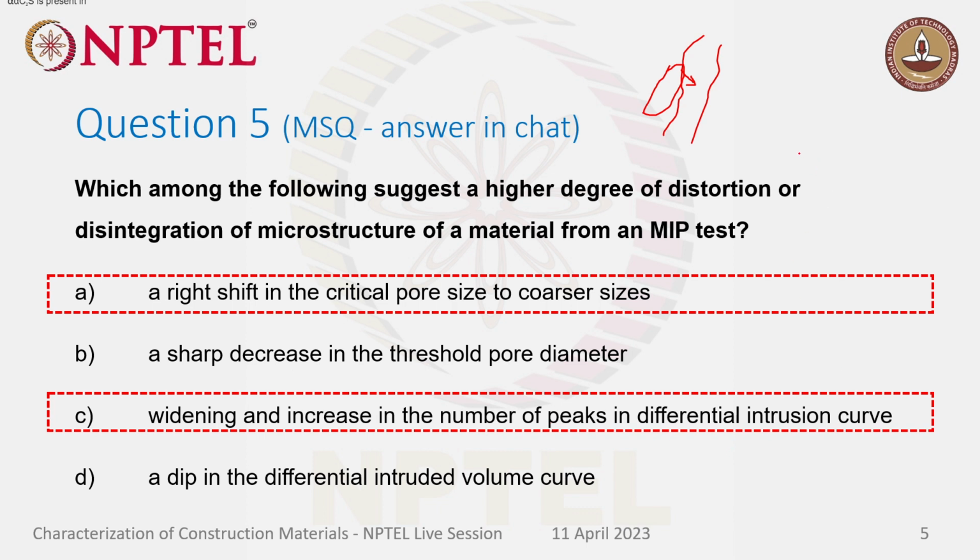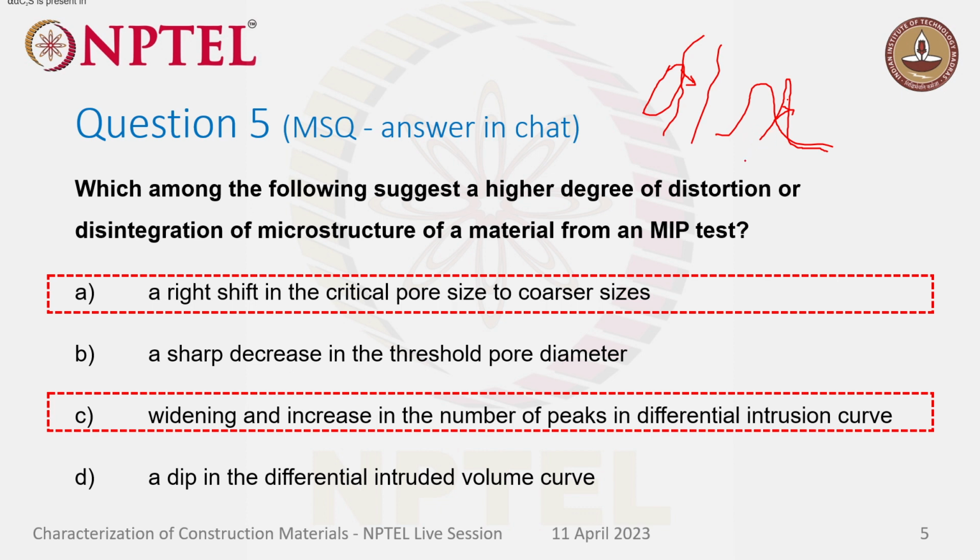So if you take a differential intrusion curve, normally it will be like this. Okay. So what happens? A particular size range, a particular phase is there. A particular phase is eroded. Then there can be an increase in a particular pore size range, because whatever phase is present is removed, right?